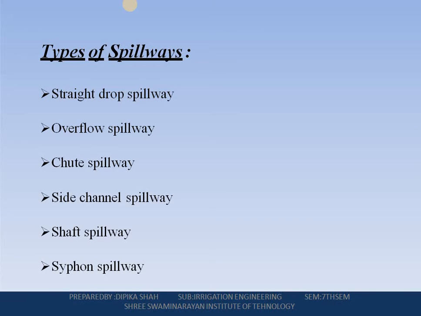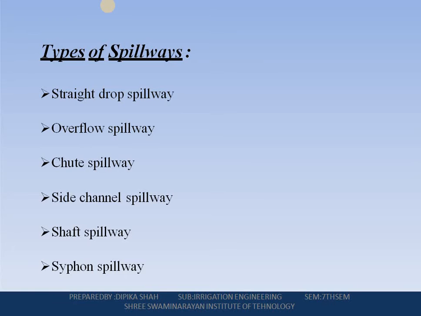Now we will go for the types of spillways. So basically, according to prominent features and the various components of a spillway, such as the control structure, discharge channel, etc., the spillway will be defined and classified into the following types. First one is a drop spillway.